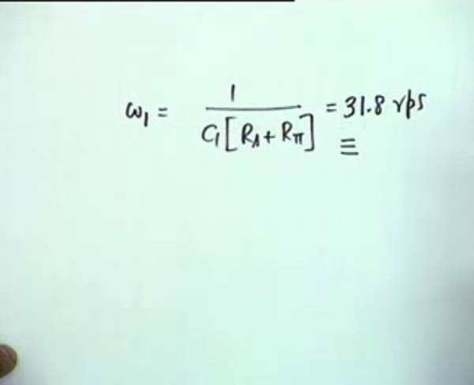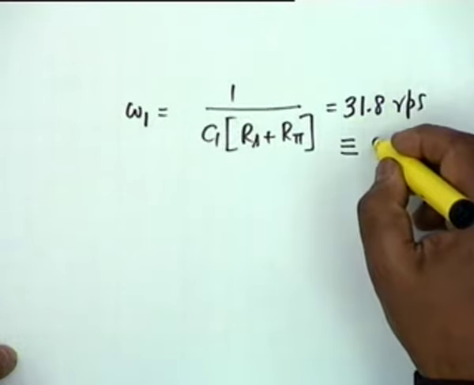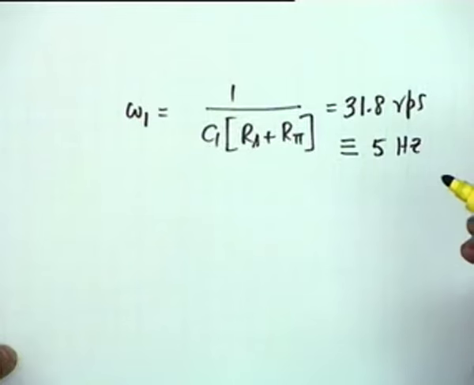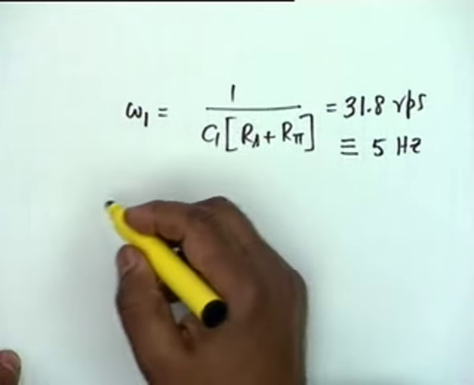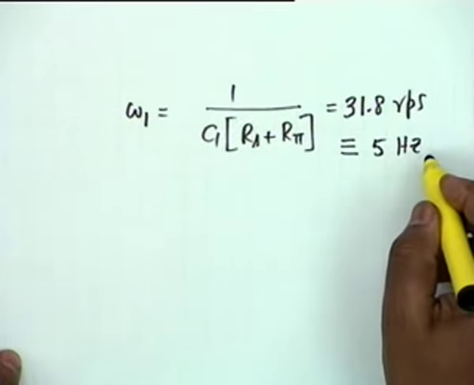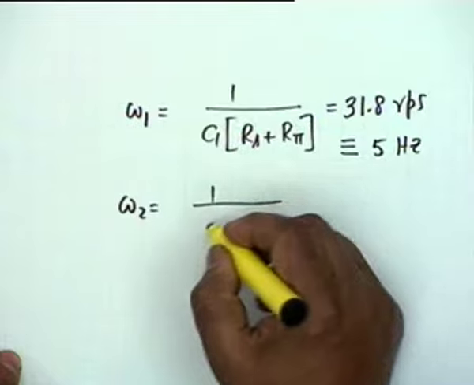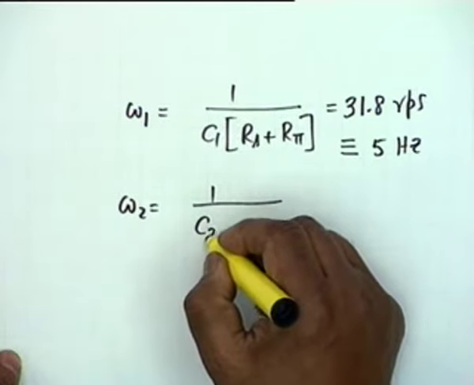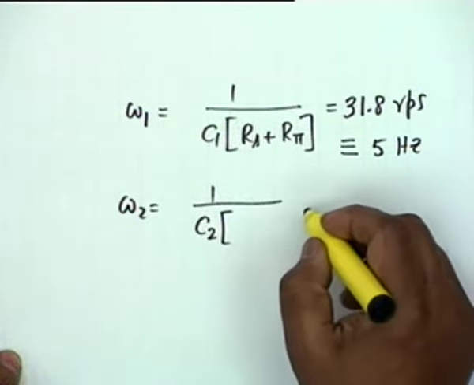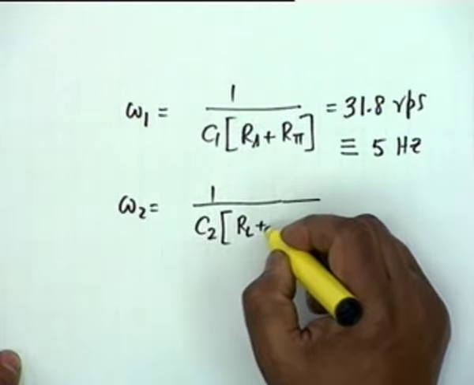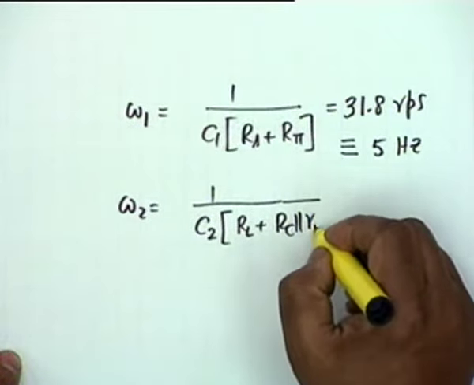This is equivalent to 5 hertz. We have to divide by 2 pi. That becomes 5 hertz. Then F1 is equal to 5 hertz. If you calculate omega 2, it is 1 by C2 multiplied by its Thevenin resistance, which is RC parallel R0.